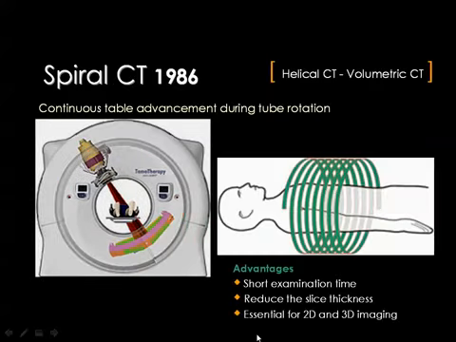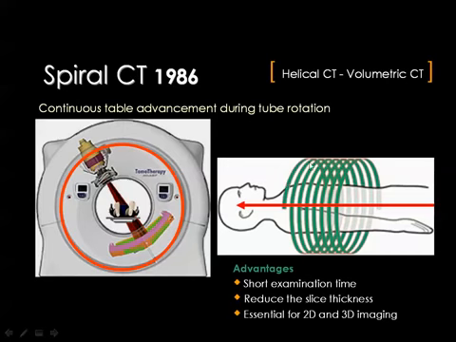Then after this machine, a newer machine was developed, which is known as the spiral CT. With the spiral CT, we are able to provide current to the machine without cables connected to the ground. Then the X-ray tube is now able to rotate without stoppage, and meanwhile the bed is moved while the tube is rotating.